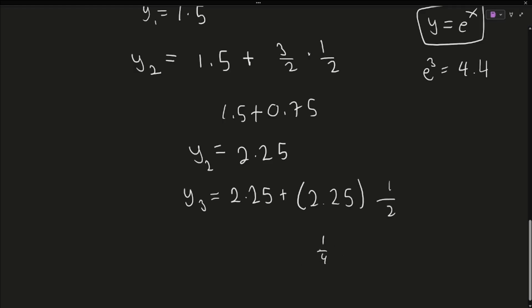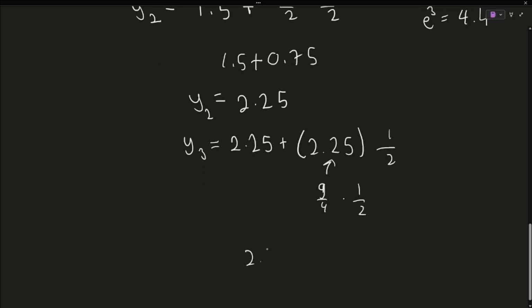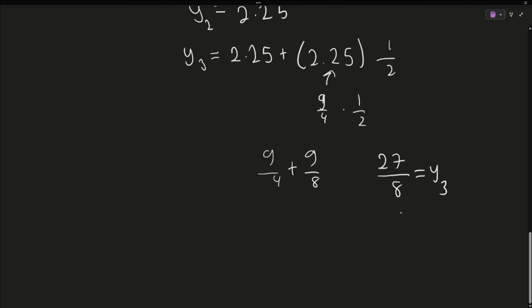So it's actually 9 over 4. This is 9 over 4 multiplied with 1 over 2. So our addition is going to be 9 over 4 plus 9 over 8, which is going to be 27 over 8, equals our third step, which we were looking for.